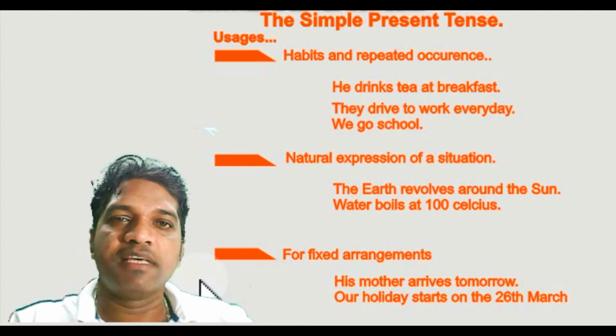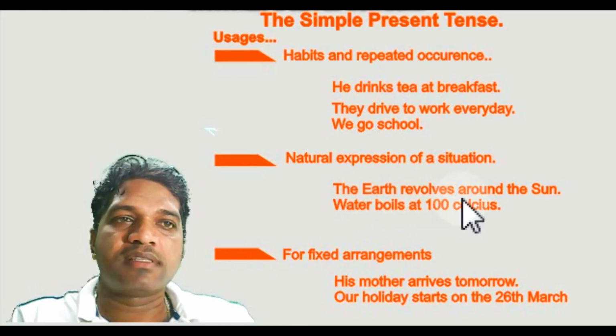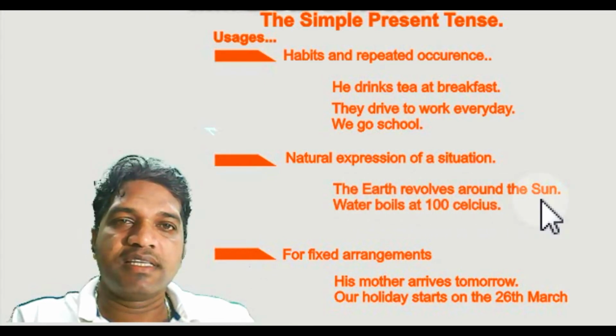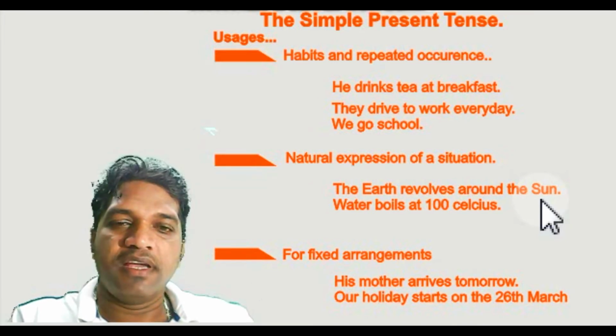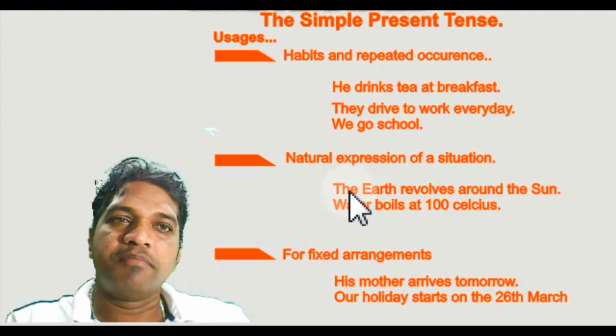For example, the earth revolves around the sun. This is a natural thing. It's a world truth. It always happens. To tell this natural thing, we use the simple present tense.